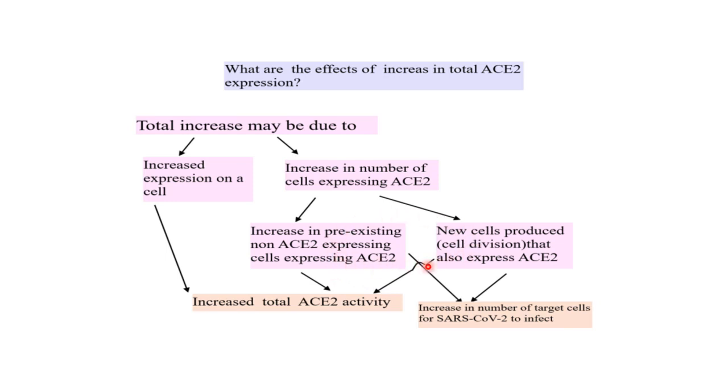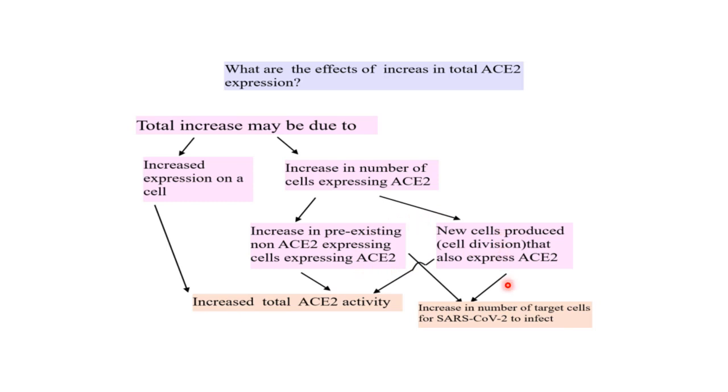So this will lead to increased total ACE2 activity, including from here. So there are several arms leading to the increase in total ACE2 activity. And up here, there will be increase in number of target cells for SARS-CoV-2 in fact. So increase in pre-existing non-ACE2 expressing cells to express ACE2 and new cells produced that also express ACE2.